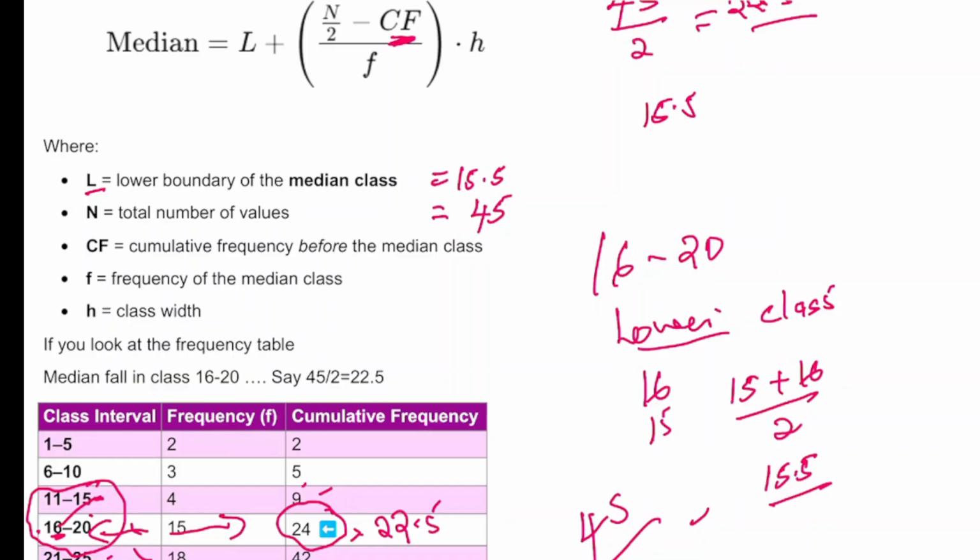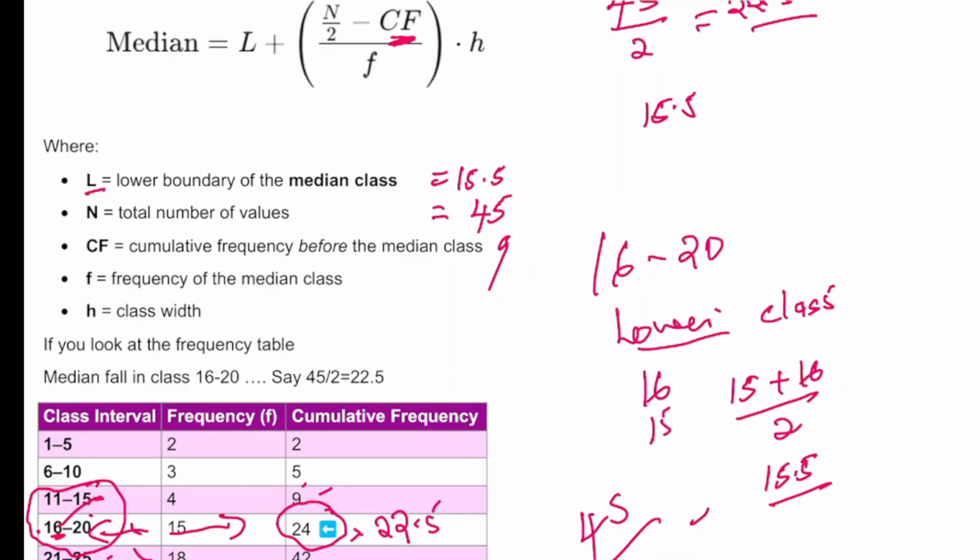So it is 9 here. So n divided by 2 minus CF, which is the cumulative frequency before the median class.